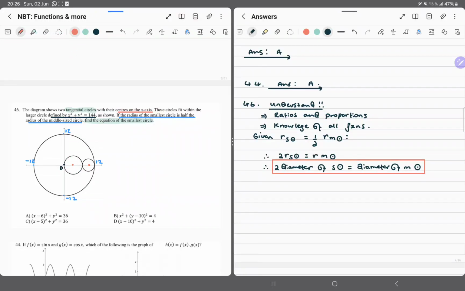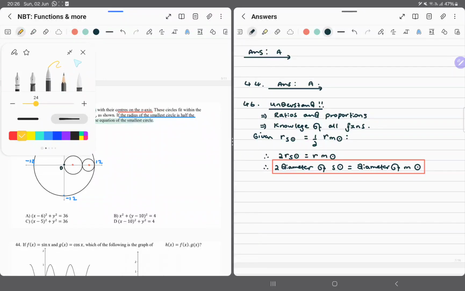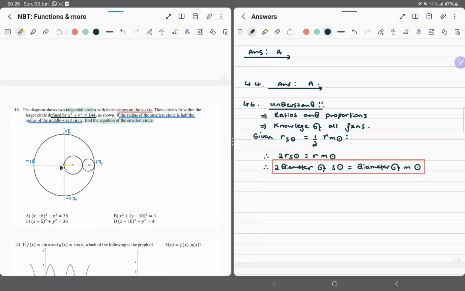Because, for example, if we say this is the diameter of this circle here, and then we say this is the diameter of that circle there. So if we call that one A, this means this one is going to be 2A.